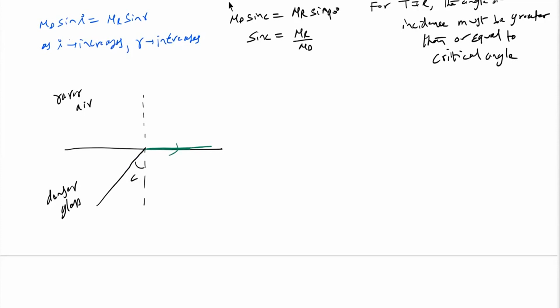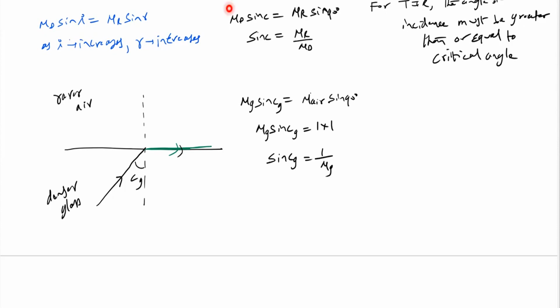So what is the value of the critical angle? mu g sine c is equal to the refractive index of air, mu air, into sine 90. We'll write here critical angle for glass. This should be equal to 1 into 1.